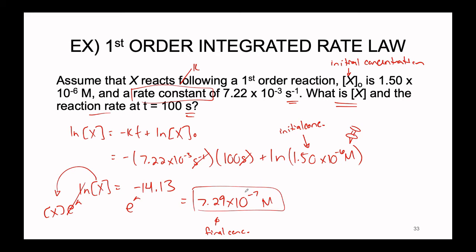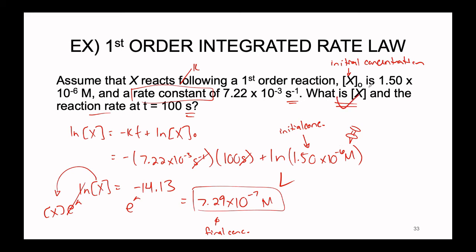So your final concentration of reactant should always be less than the initial concentration you started with. So we can see that since our final concentration is something times 10 to the negative 7, our initial concentration is something times 10 to the negative 6, our final concentration does actually make sense here.